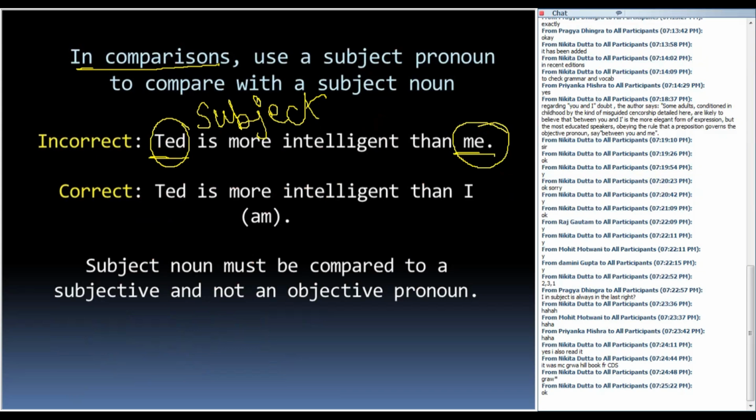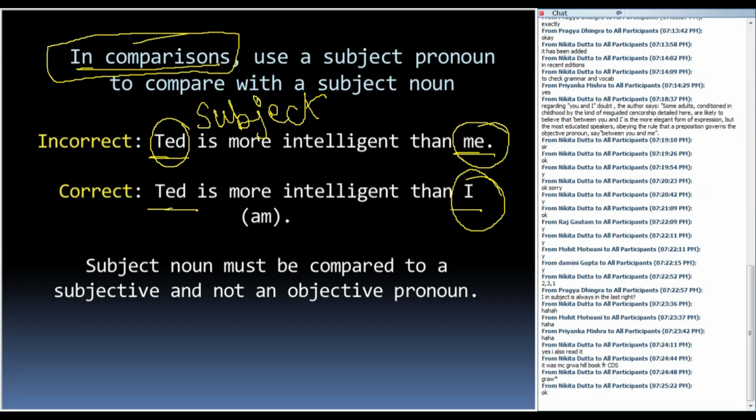So you should not say Ted is more intelligent than me. You should say Ted is more intelligent than I, or I am. Even though this pronoun is not in the subject of the sentence, whenever there is a comparison, you will have to follow this rule.